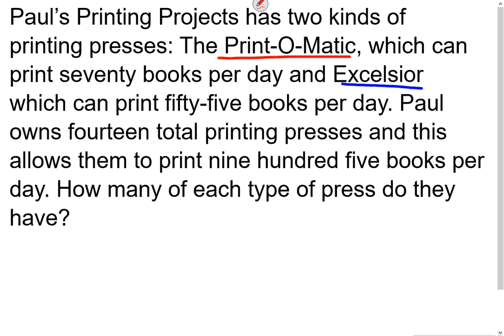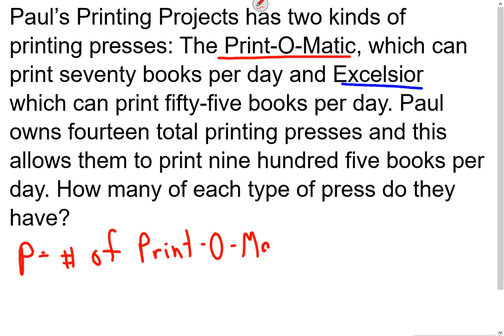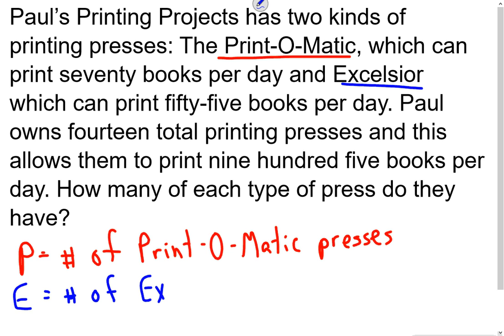So P is going to stand for the number of Print-O-Matic presses, and then I'm going to use E for the number of Excelsior presses.